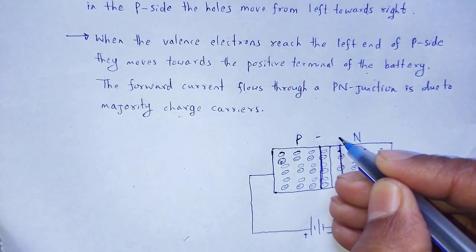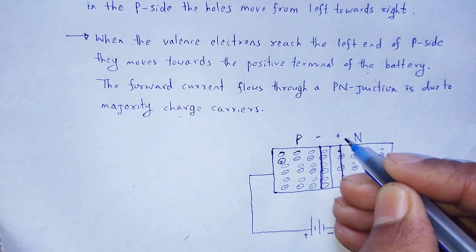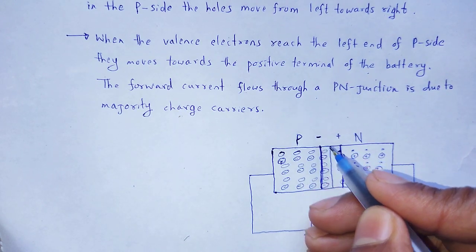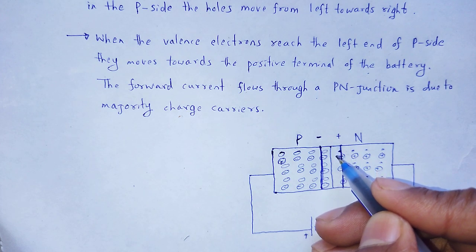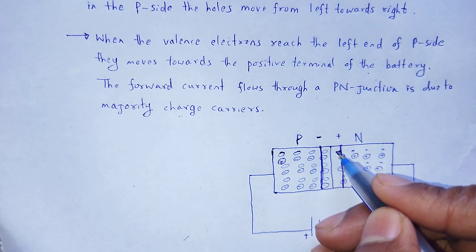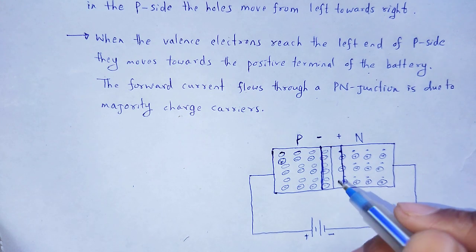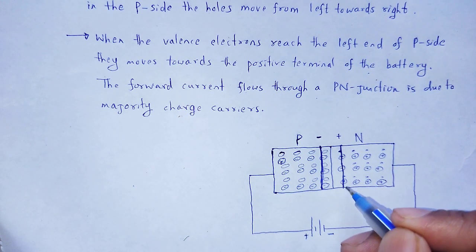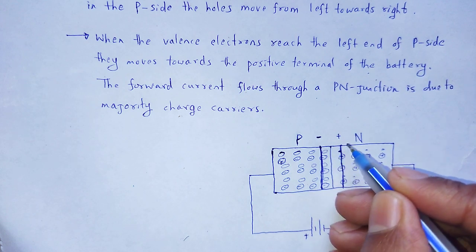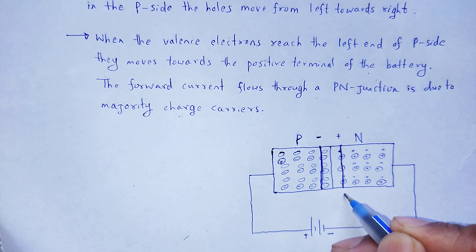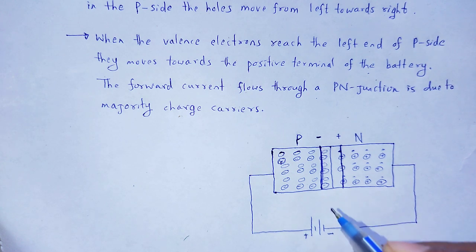That region is known as the depletion region, and the potential we call the barrier potential. And the barrier electric field is from positive to negative, meaning N type to P type.